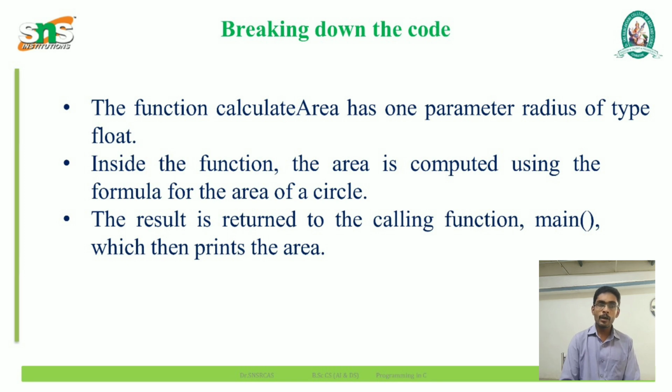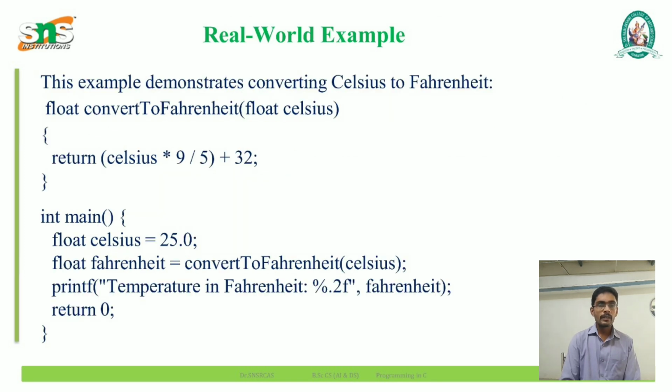Another real example demonstrates conversion of Celsius to Fahrenheit. In the function definition, there is a valid C expression inside the return statement, Celsius into 9/5 plus 32. Here the Celsius is the value received from the function call.